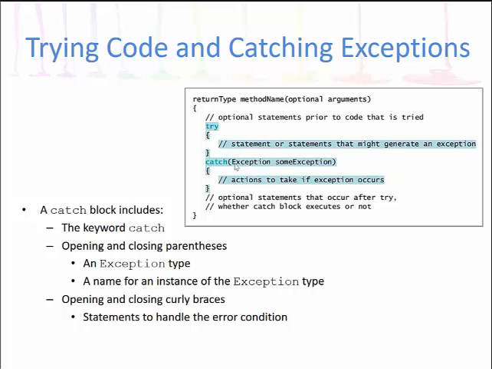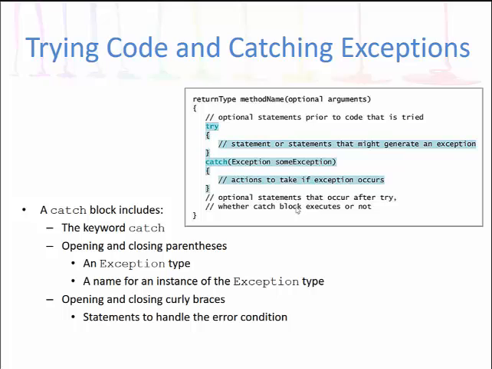In our example prior, the arithmetic exception would be the word here. And some exception, this is just a variable name that we give it so that we can have reference to the exception object and can do things with it here in this block of code. After the try runs and the catch runs, the statements will continue on and whatever's after this block will work.